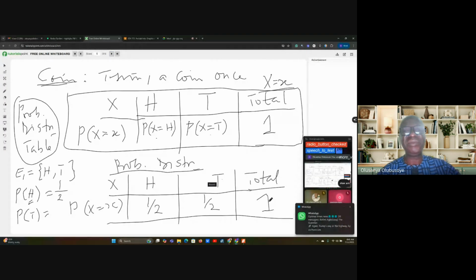So this table represents a true probability table.